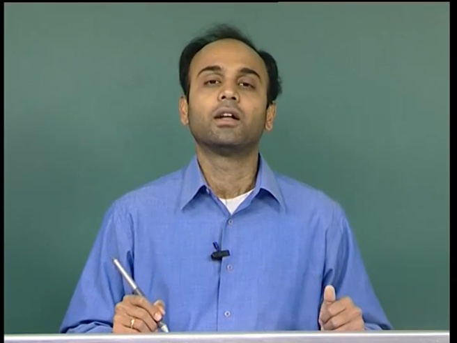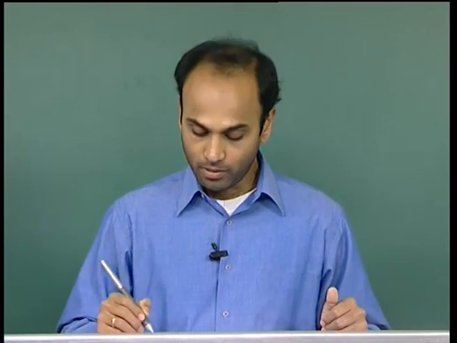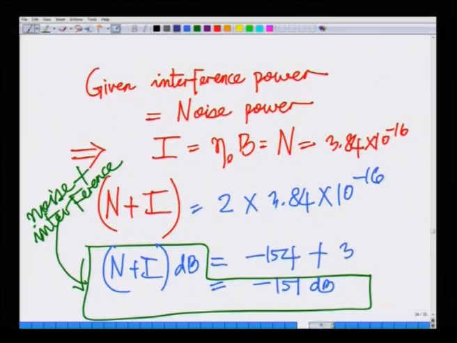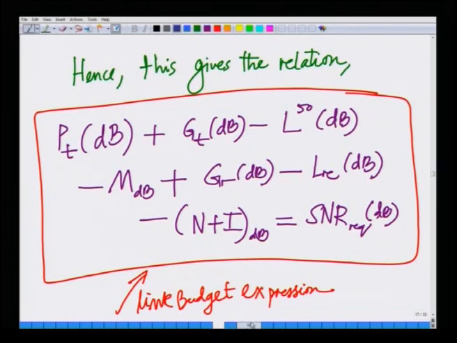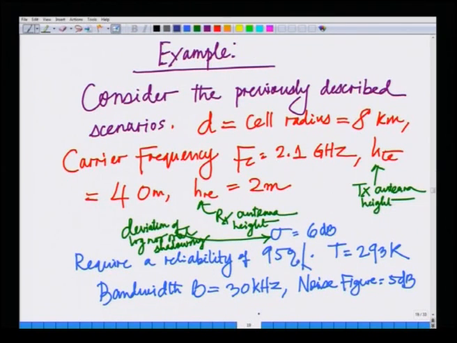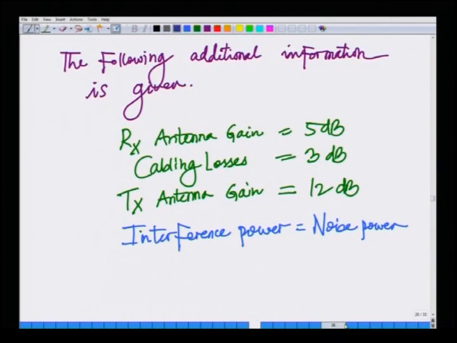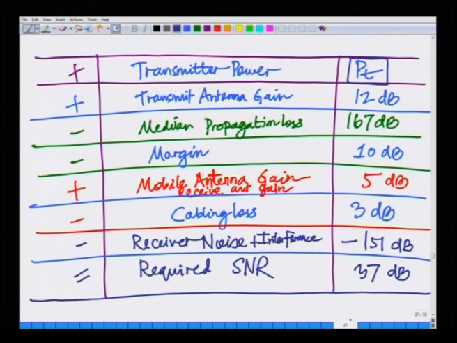So, it is a very intuitive and simple formulation of the link budget analysis, and then we looked at an elaborate example of the link budget analysis comprising several components, that is the path loss, the margin, and so on. Finally, we listed these different components in the link budget, where we have to compute the transmit power.